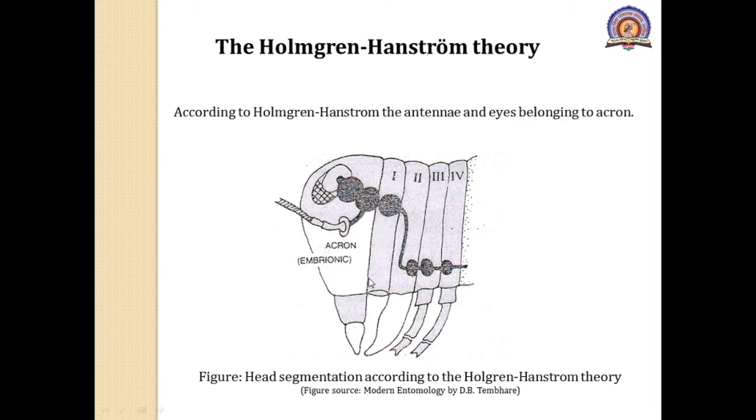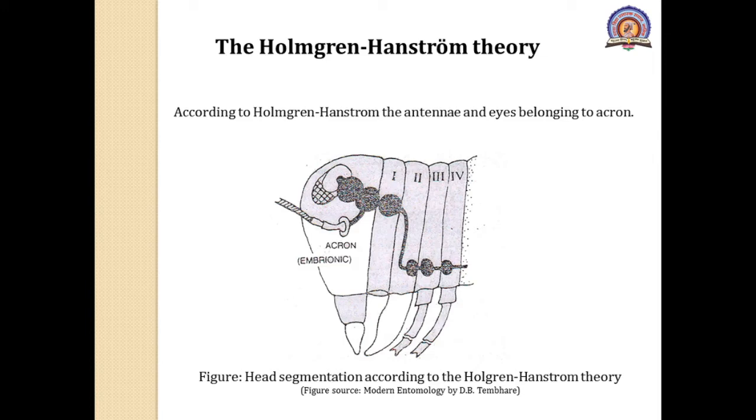Snodgrass considered the labrum as a preoral structure, while Duport considered it a part of the first somite. Means Snodgrass is not considering this labrum as an appendage belonging to the intercalary segment. He called it a preoral structure, a simple structure that arises before the mouth opening, while Duport considered this labrum as a part of the first somite or first segment.